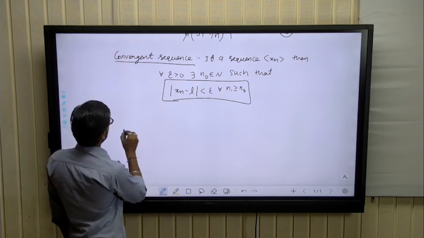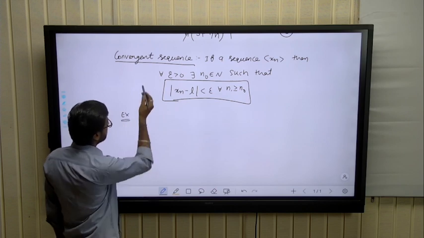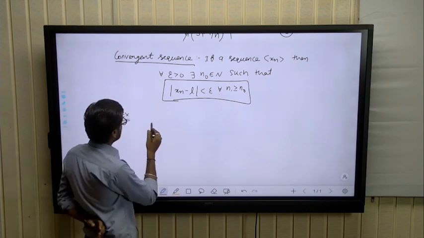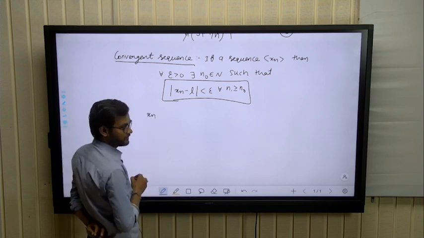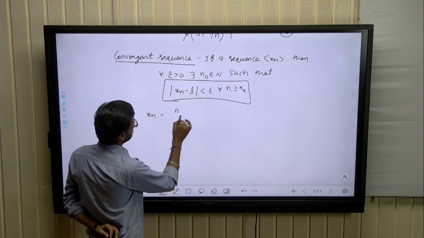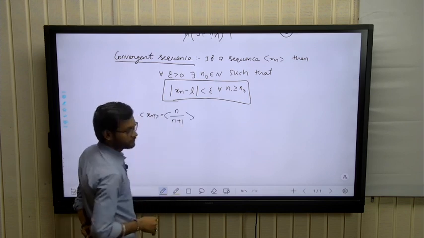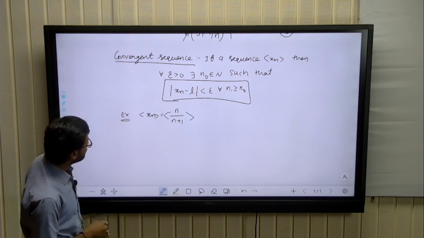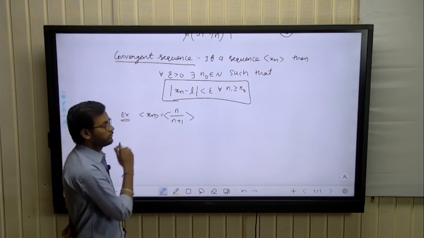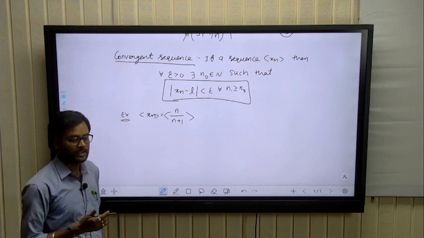Let xn is equal to n upon n plus 1. This is the given sequence, and the question is to discuss the convergence of the sequence.